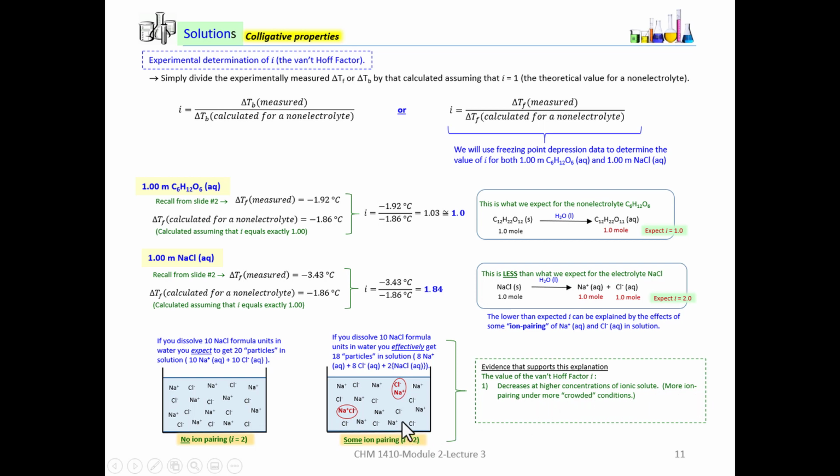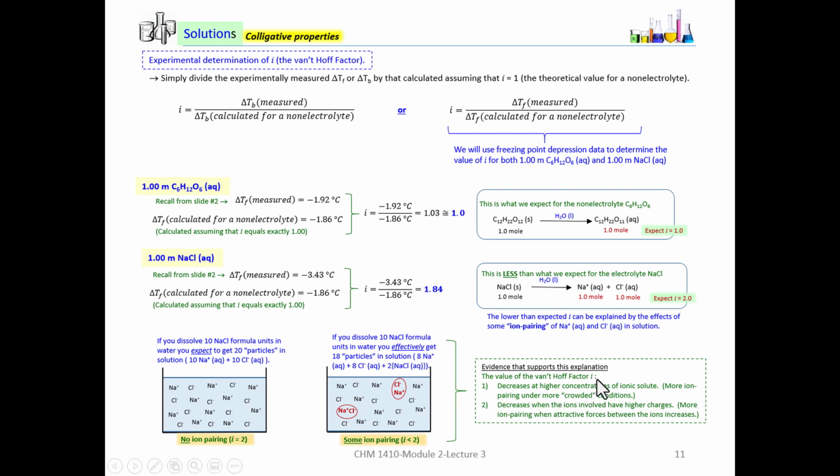So if you increase the concentration of the electrolyte, of the ionic compound, in this case sodium chloride, you'd increase the amount of ion pairing just because sodium ions and chloride ions are in closer proximity, and you find that the value of the Van't Hoff factor that you determine experimentally gets smaller and smaller at higher and higher concentrations, meaning there's just more ion pairing in solution.